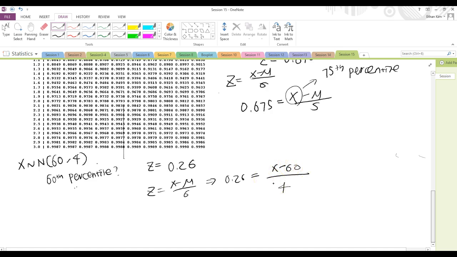Okay, so if you multiply this out, you will get a value for x, and that is going to be 4 times 0.26 plus 60.